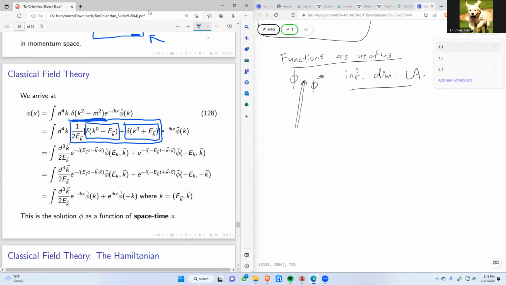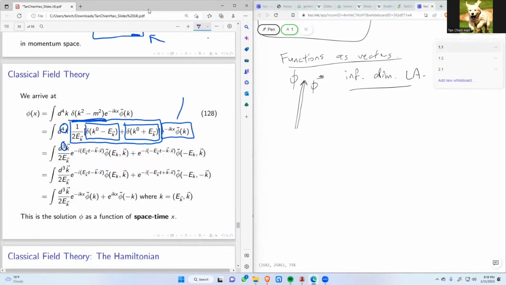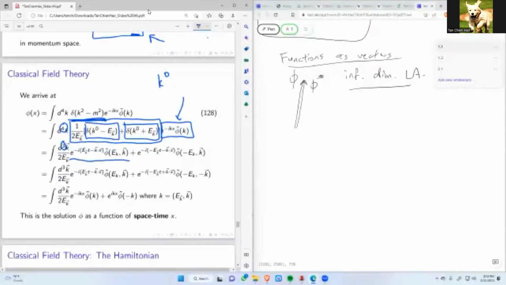For this one we basically substitute. We see that over here the d to the 4 becomes d to the 3, so the k naught variable is integrated out. So 1 over 2 e_k is put out in the denominator. So the integrand, which is this guy, we are basically substituting k naught equals e_k into the expression.